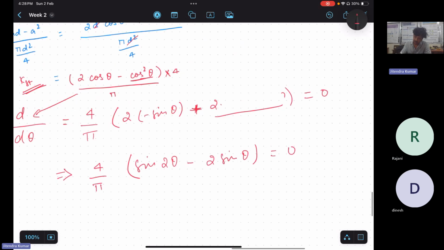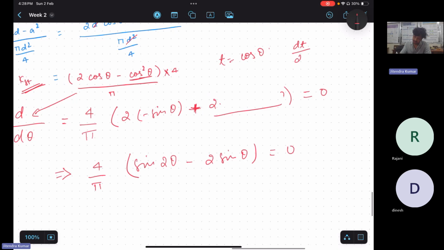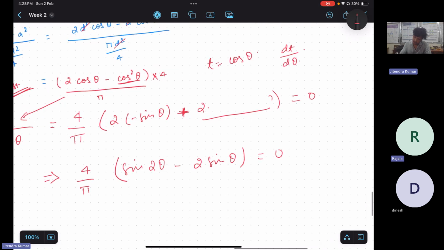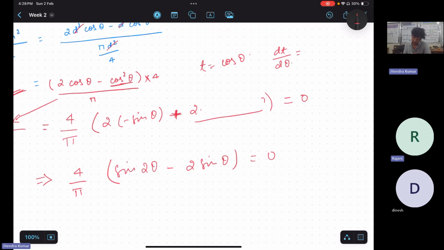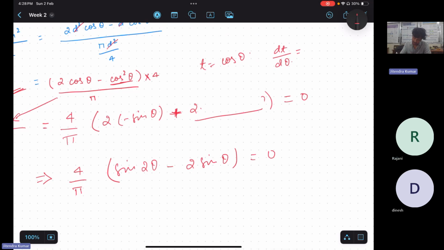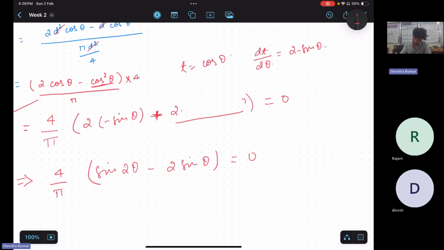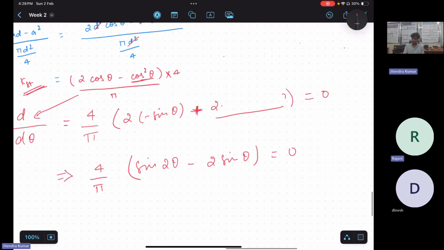If you assume t is equal to cos theta, so dt by d theta is how much? 2 into minus sin theta into cos theta. I think it is the same. No, I think it is correct. It is correct. Yeah.